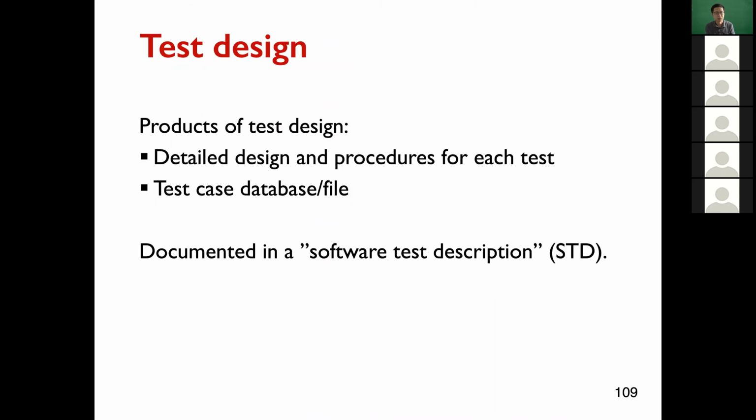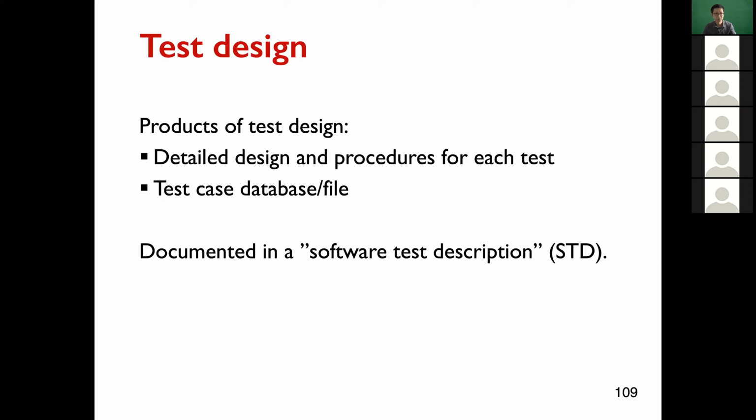The next step is test design. Basically, we want to produce the test cases. The products of the test design include the detailed design and procedures for each test. Another thing is a test case database or test case files. Basically, these are the things that allow other people to follow the procedure or script to run the tests.